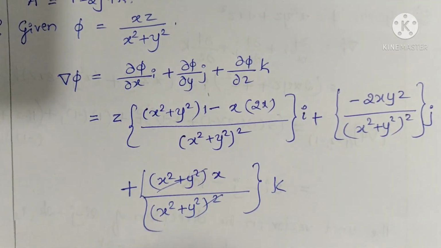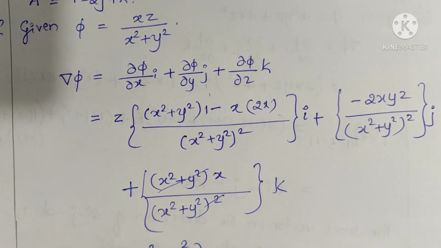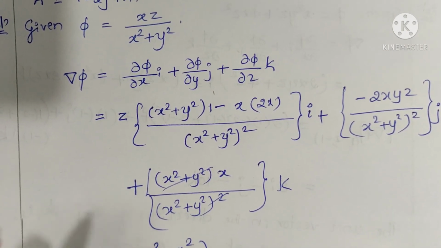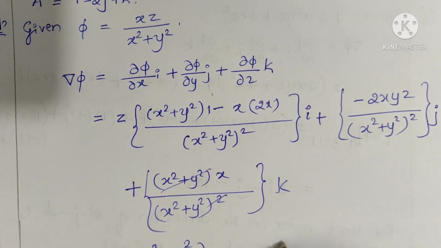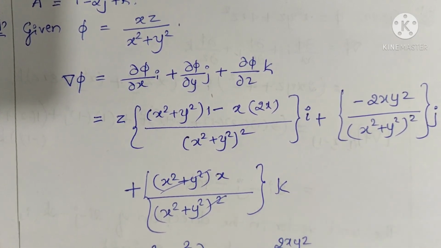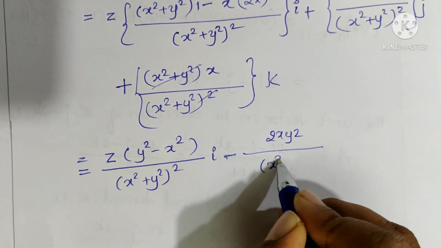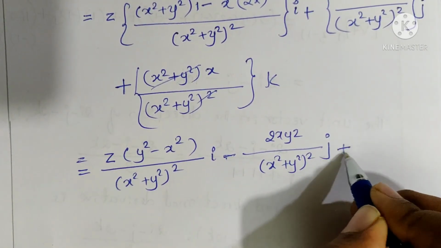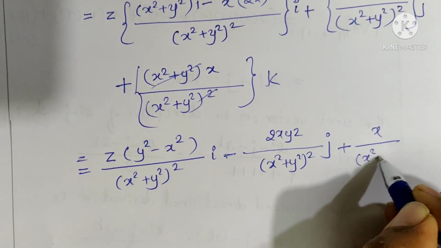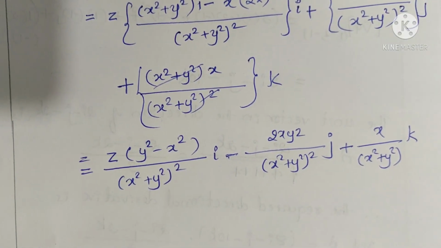So it is y square minus x square divided by x square plus y square whole square into I. And here minus 2xyz whole divided by x square plus y square whole square into j, and plus x divided by x square plus y square into k.